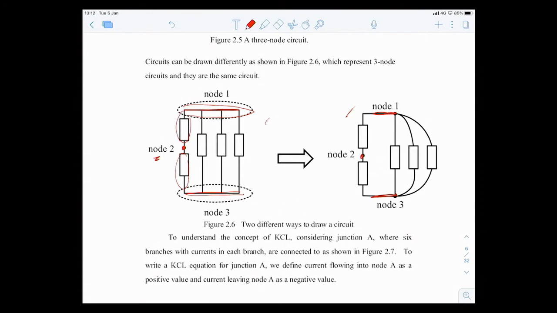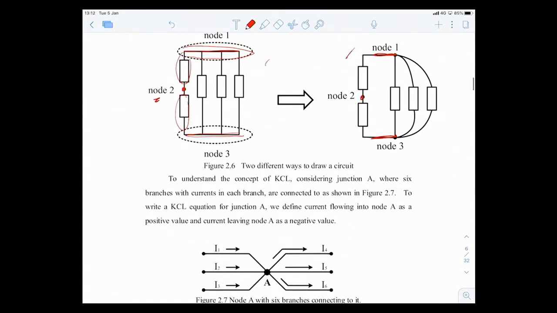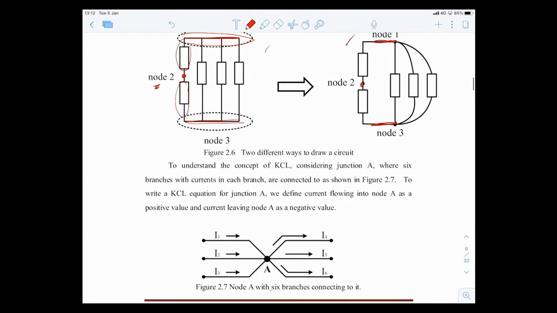So money is flowing in and out of your pocket. If the current is entering your node, you can think of it as money flowing into your pocket, and that gives you a very good feeling. So it's a positive feeling, and you put a positive sign in front.